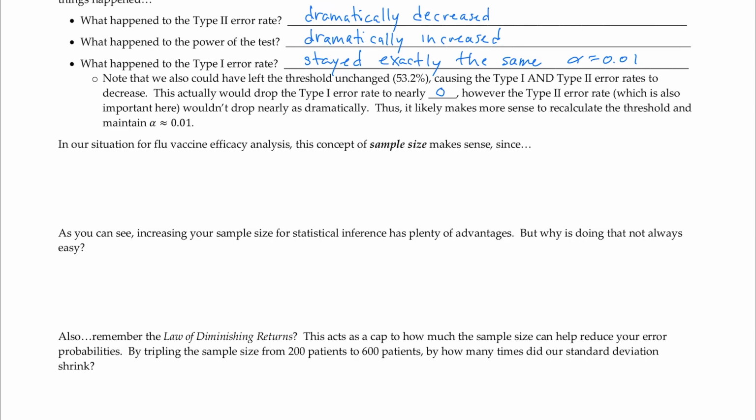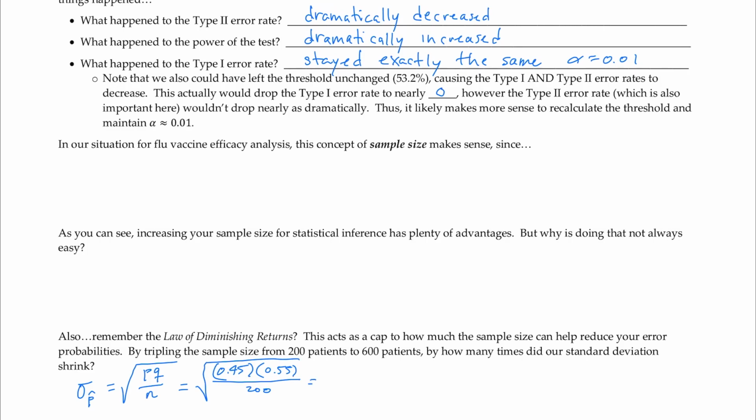So let's do that. In this particular case, we're going to do the square root of P times Q over N. In the first scenario, we had an efficacy rate of 45% times 55% over 200, square root of that.